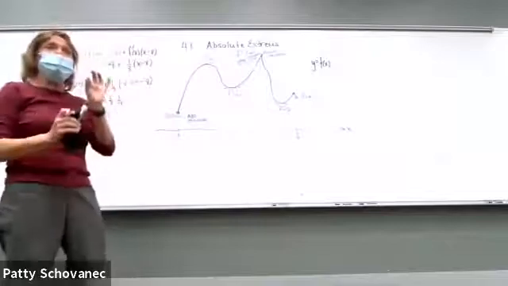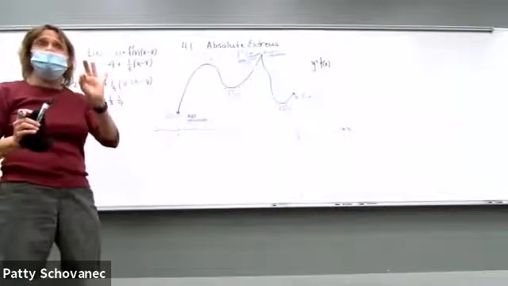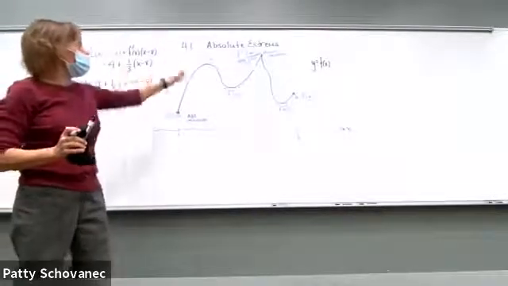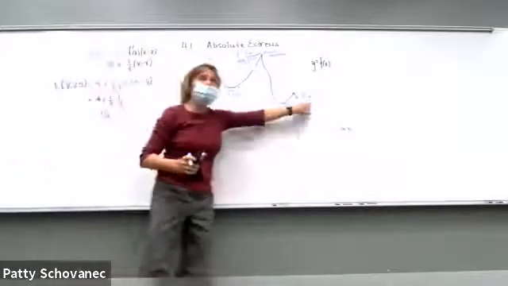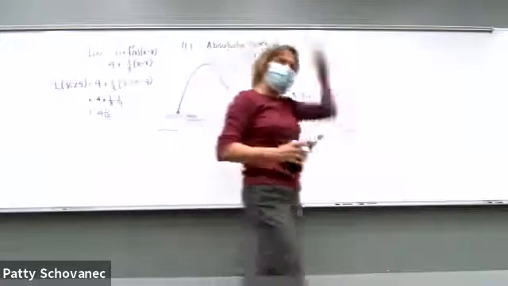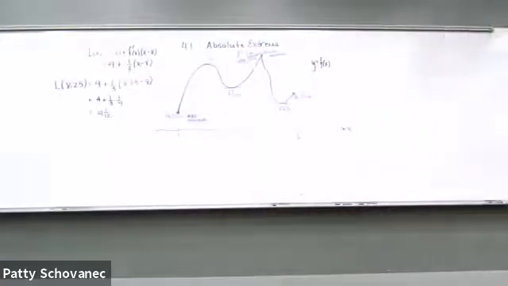Then I'm going to look at the y values, and I'm going to compare the y values at those places with the y values at each end. The largest of that collection of y values will be the absolute maximum, and the smallest of that collection of y values will be the absolute minimum.